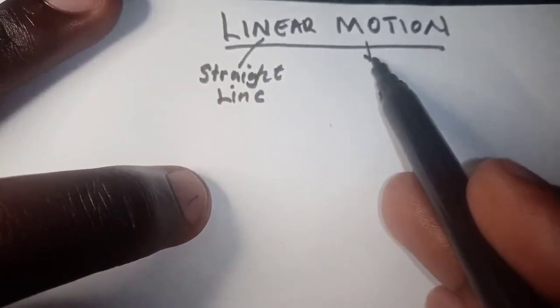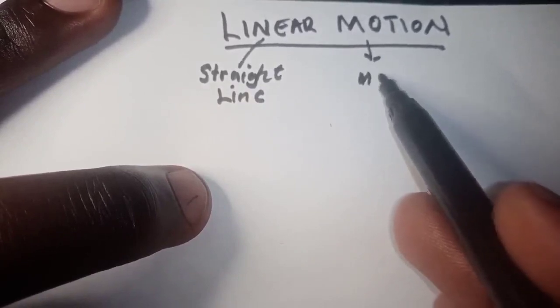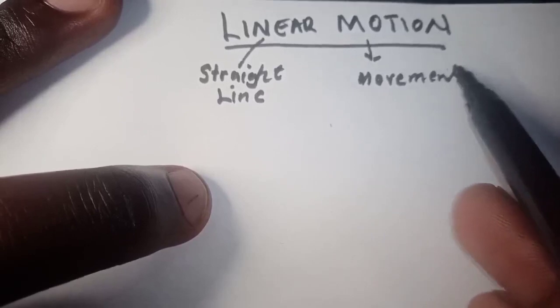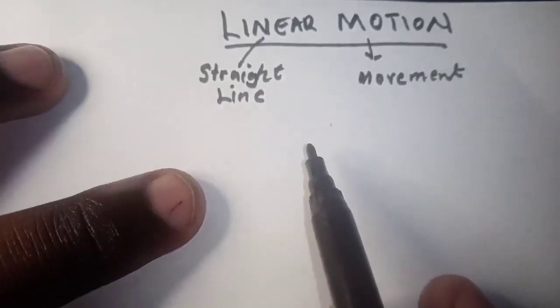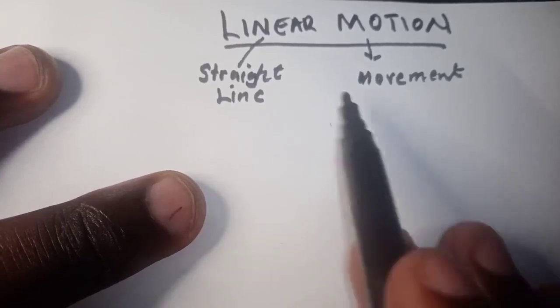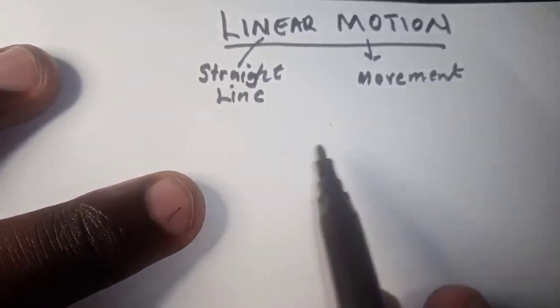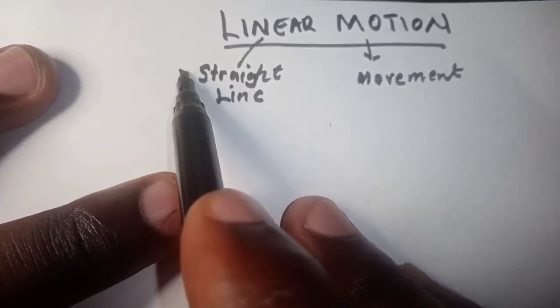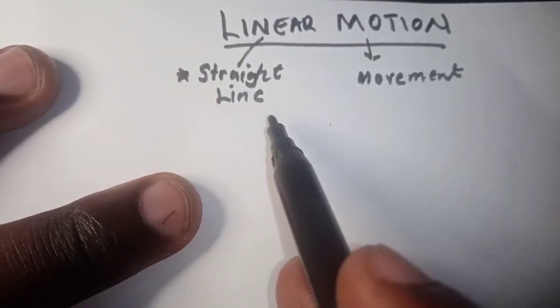And motion simply means movement. So what we are basically looking at under linear motion is the movement of objects in a straight line.